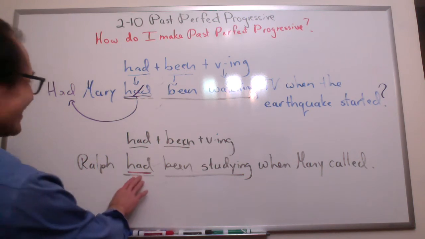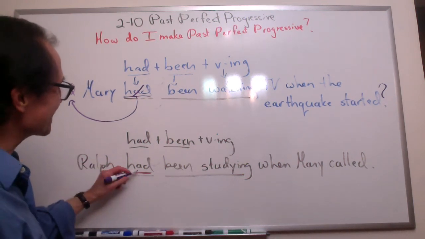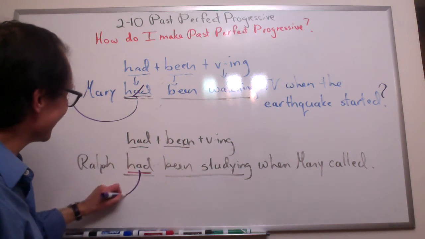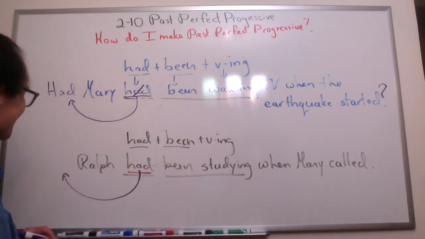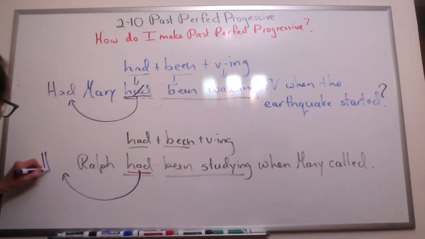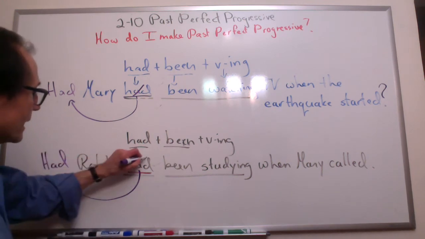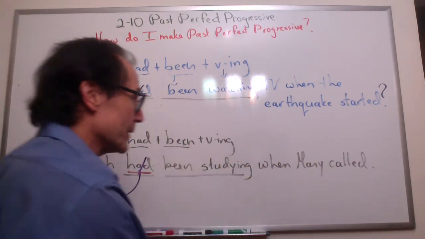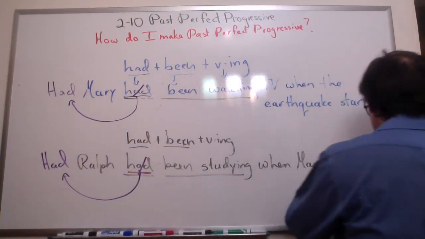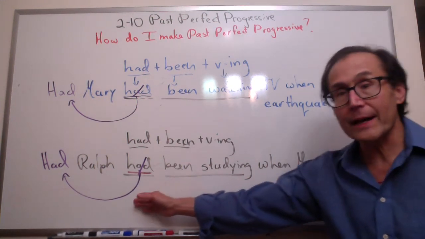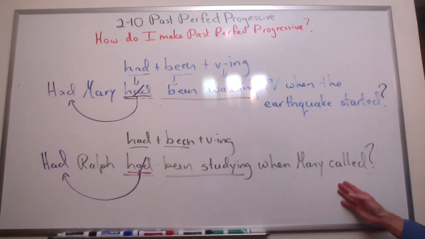So here I do the same thing. I take had and I move it to the front. So if you said, had Ralph been studying when Mary called? And if you put a question mark at the end, then you're absolutely perfect. Had Ralph been studying when Mary called?